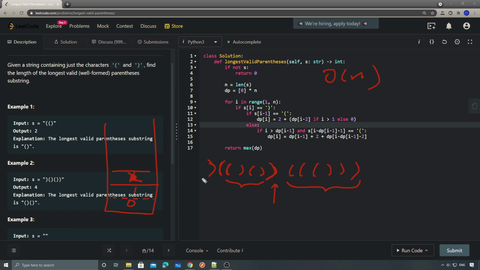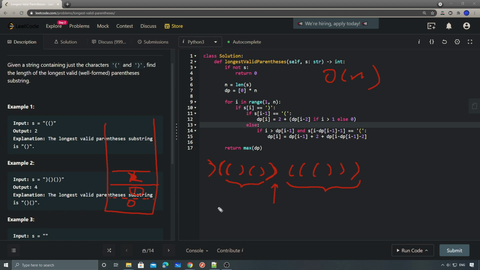Then we have 3 minus 1, which is 2, and then 4 and 5 again. In the end, we have 5 minus 1. In this case, 1 is the starting point of the valid string. That's how we use the stack: the top one of the stack will always be the starting point of the valid parenthesis string.